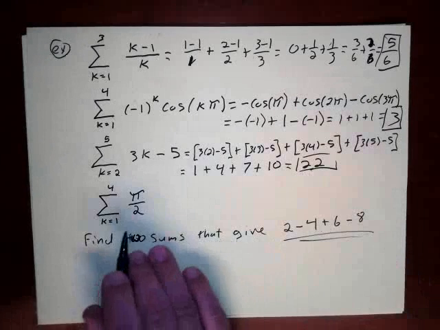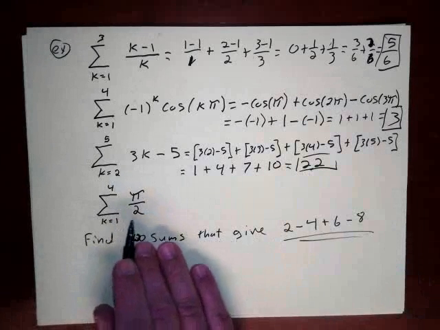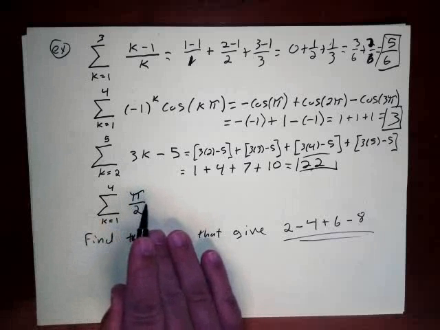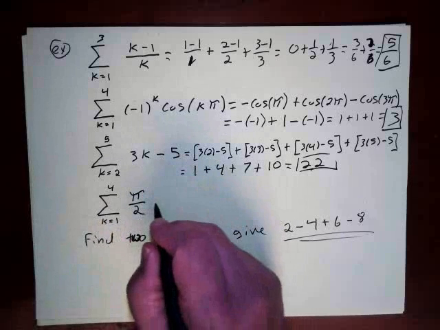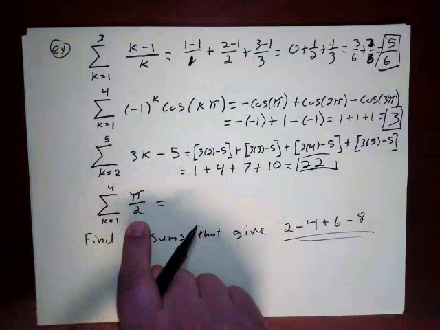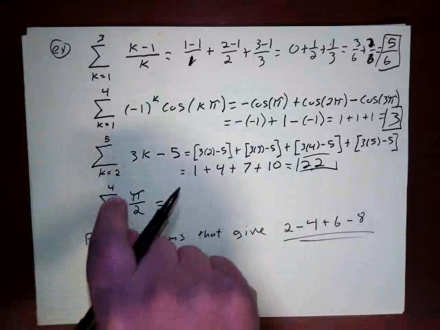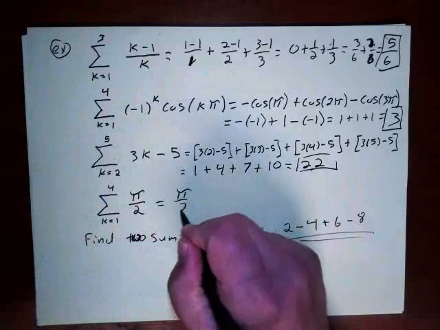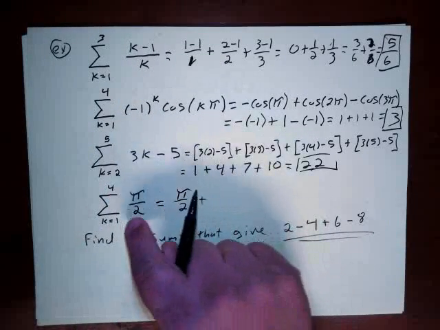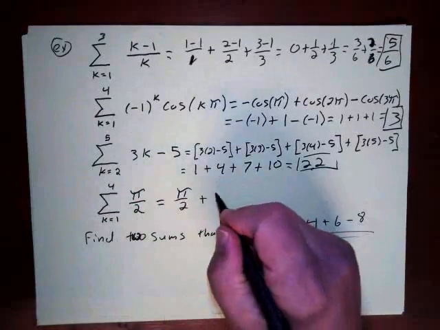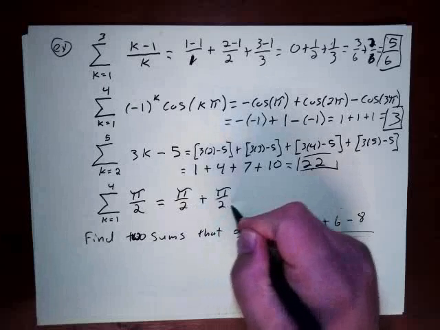Okay, now you may have been confused by this at first, and the reason is because there is no k in this formula. Okay, this is a constant, and so basically you're going to have these 4 terms, and they're all going to be pi over 2. So for the first term, putting 1 in here, you just have a constant. It's pi over 2. The second term is pi over 2.